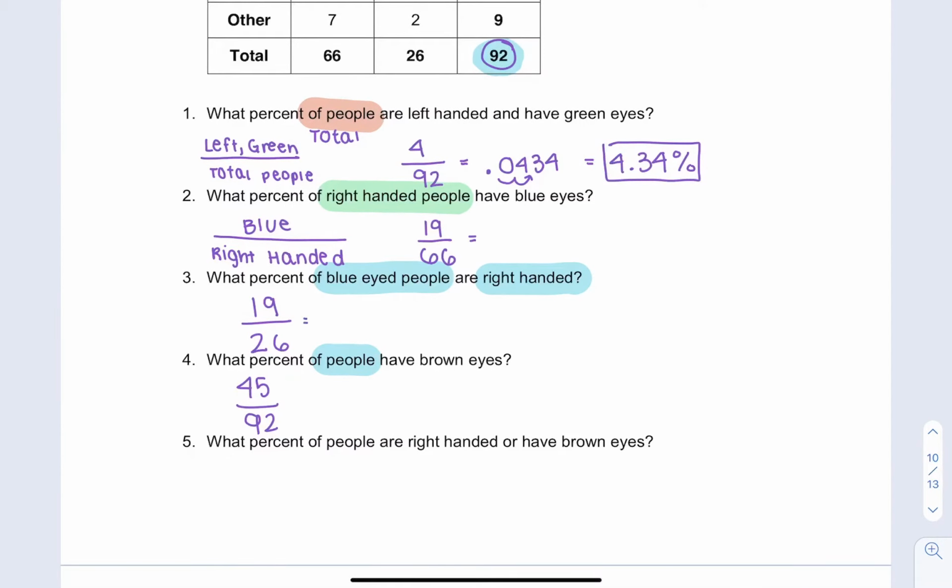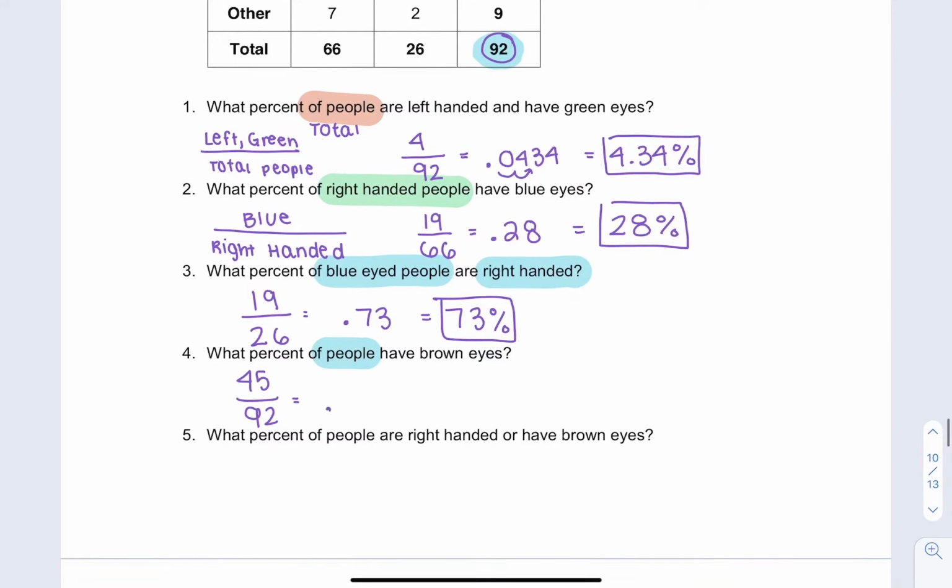Let's make these all into decimals, and then it asks for percent. So this is 0.28 if you divide it, which if I move the decimal place 2 to the right is 28%. If you divide 19 over 26, you get 0.73, which is 73%. And 45 divided by 92 is 0.489, which is 48.9%.